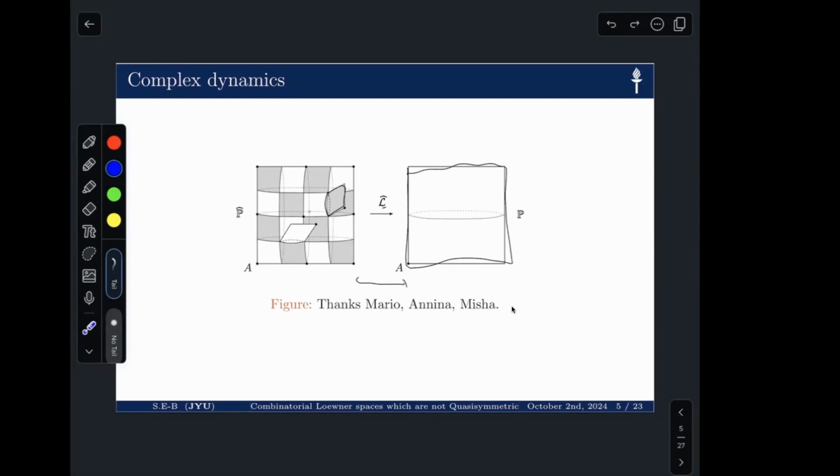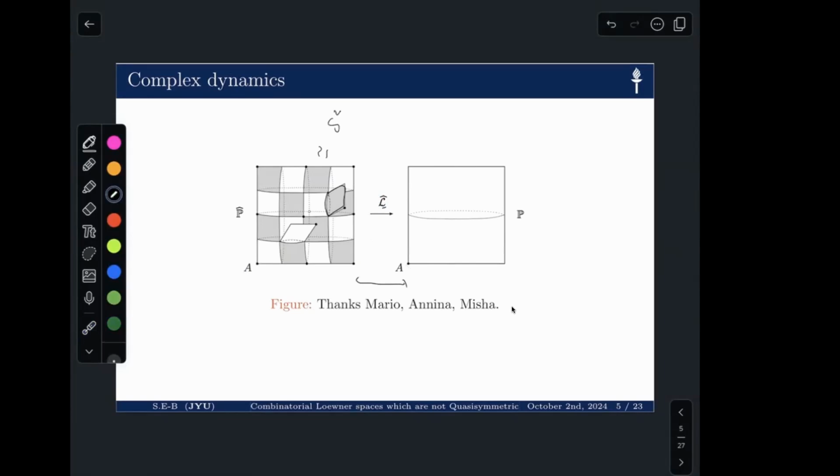And the fact that for this sphere, this lattice type map is realized by a rational map is equivalent to the problem that this fractal that arises on the left is quasi-symmetric to the usual sphere.